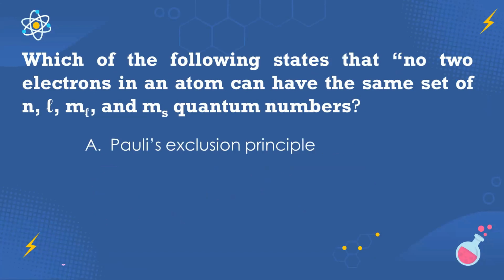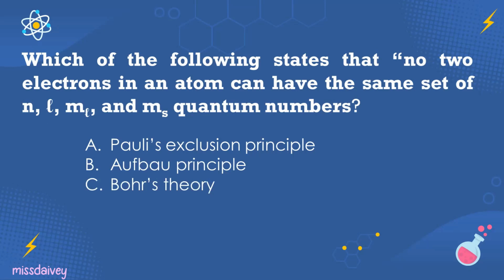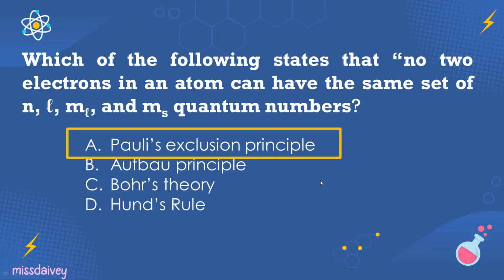A, Pauli's exclusion principle, B, Aufbau principle, C, Bohr's theory, or D, Hund's rule? n refers to the principal level or the main energy level. l represents the orbital quantum number. ml represents the magnetic quantum number, and ms represents the electron spin quantum number. The correct answer is A, Pauli's exclusion principle.